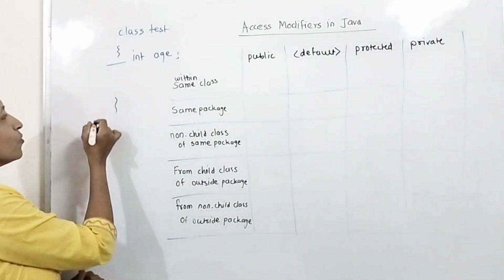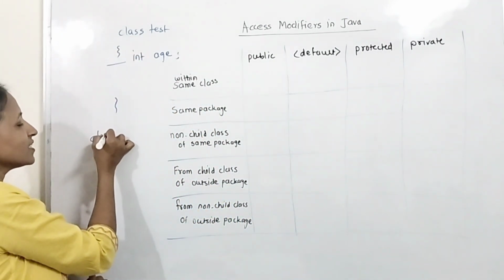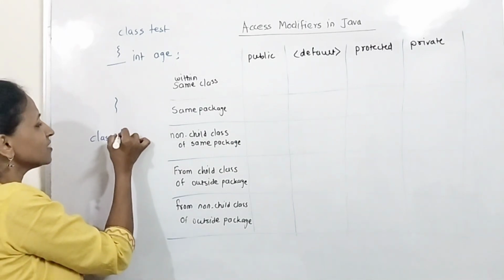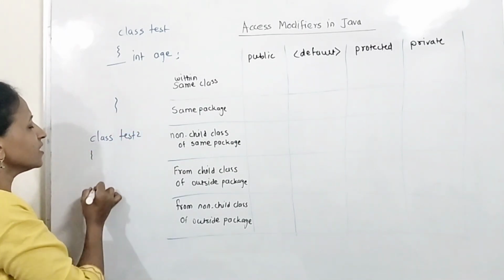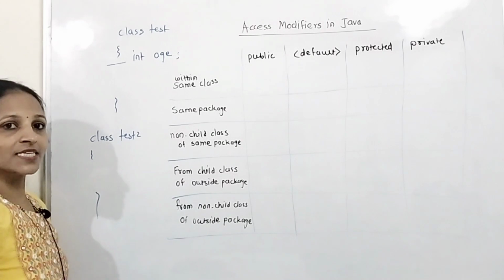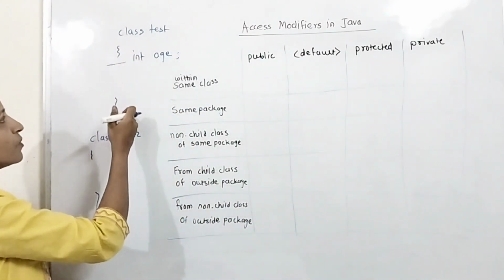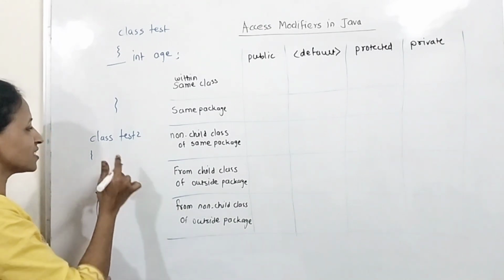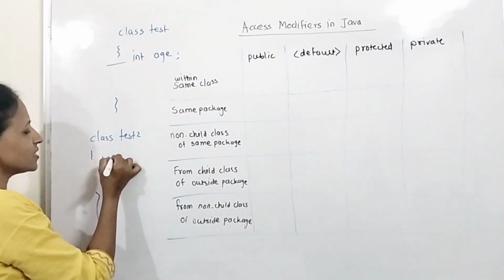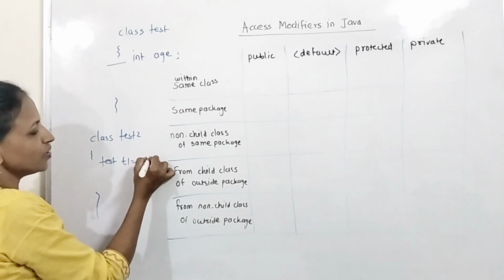Now suppose I have declared one more class in the same package, class Test2, and here I want to create an object of this class Test. You can create the object very easily, because this is inside the same package: Test t1 = new Test().